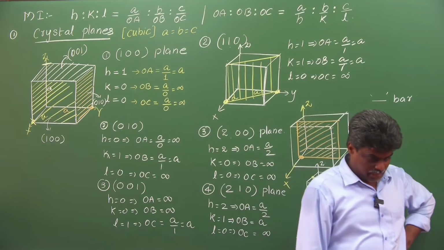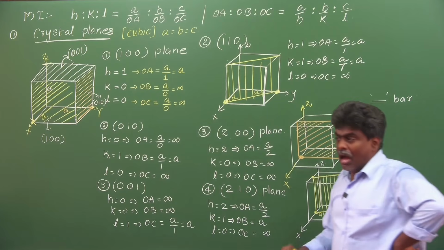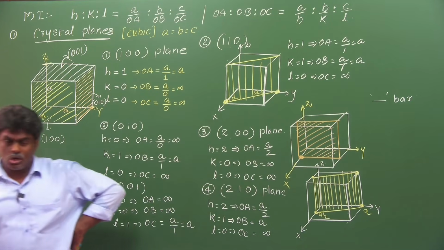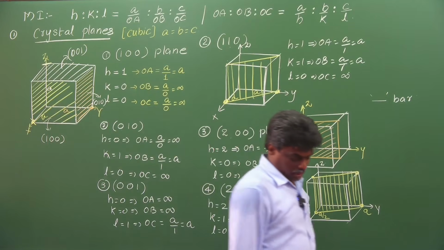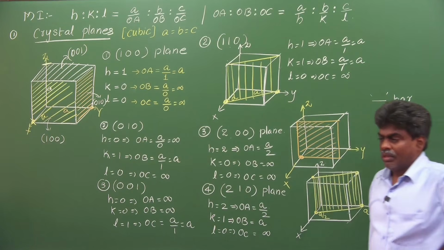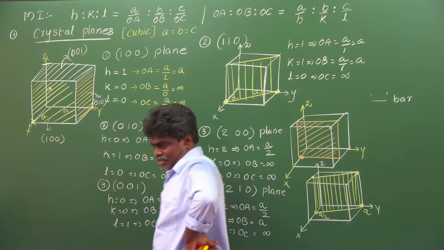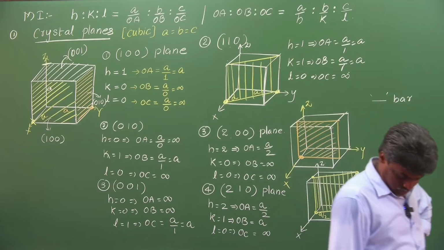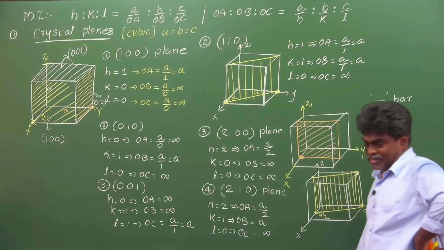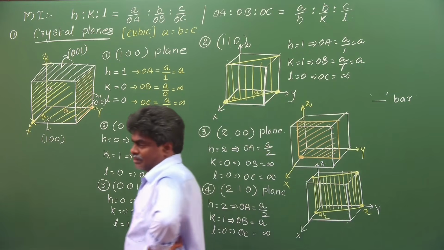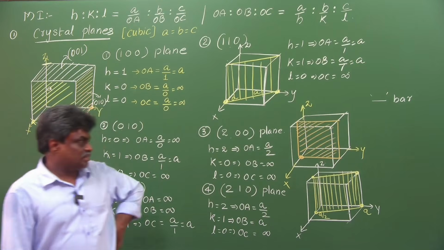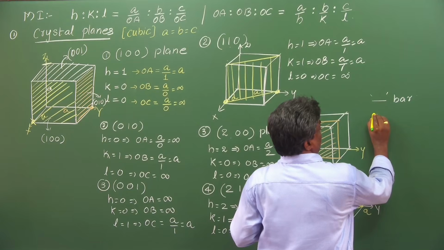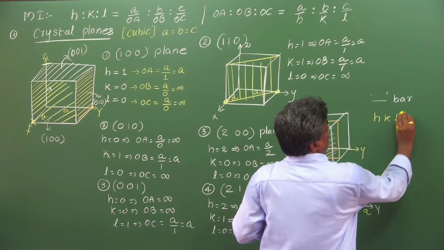Next point. A normal drawn to the plane, [HKL], represents the direction of the crystal planes, in square brackets.